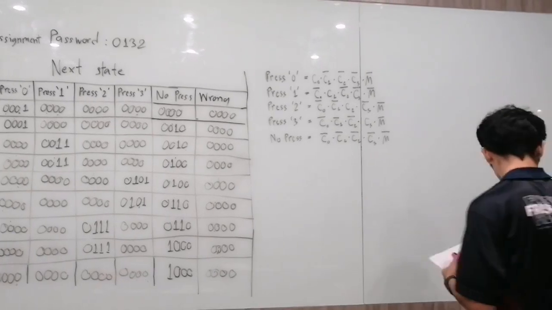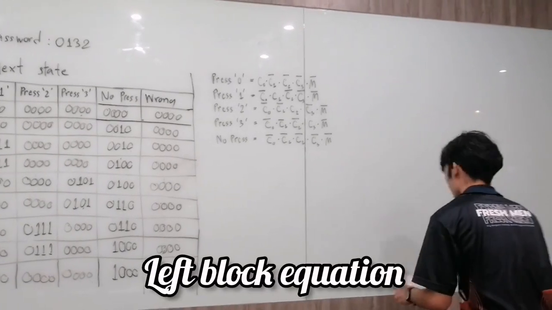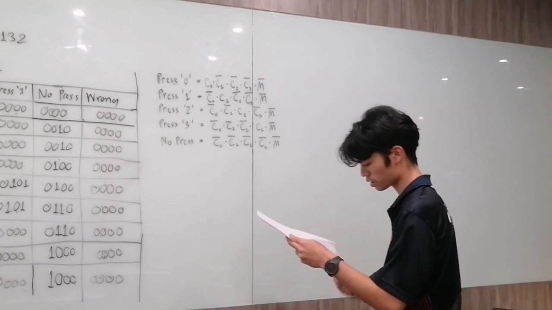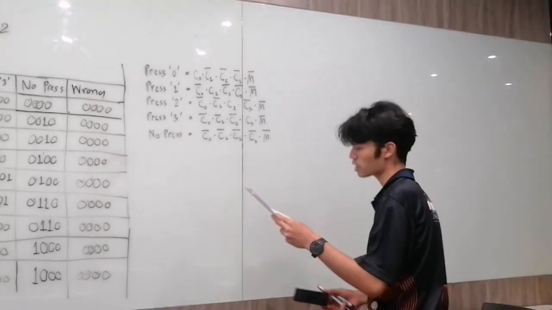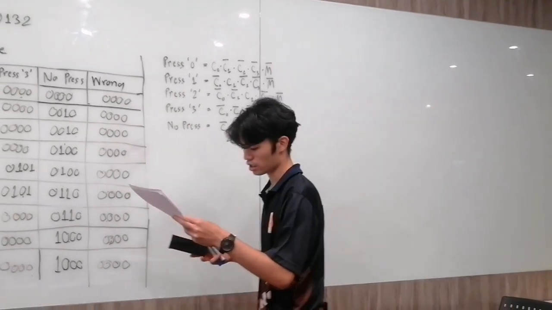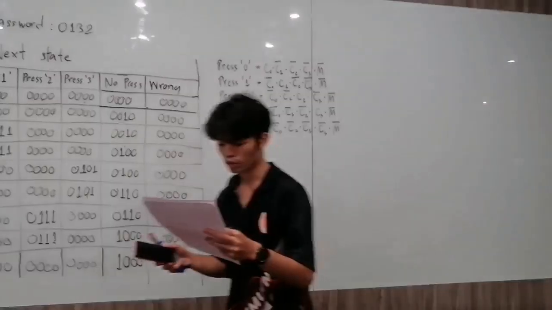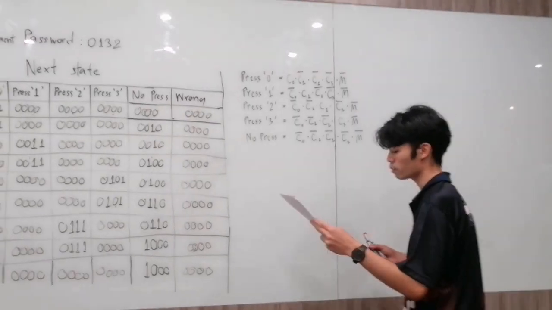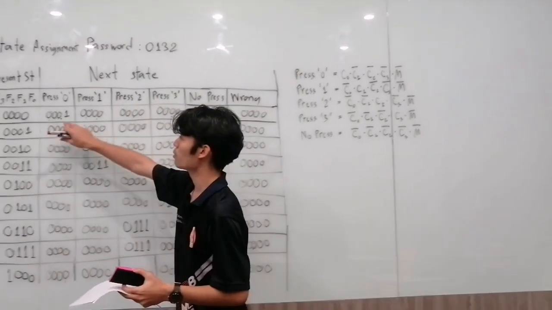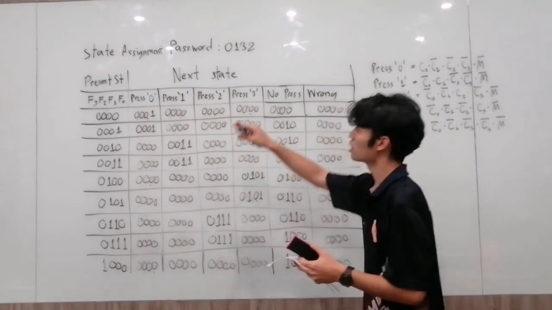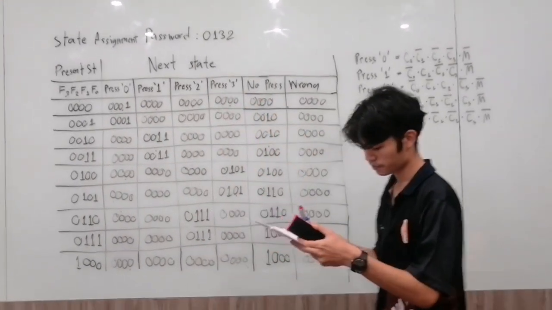Next is the left block equation. Left block equation is to use the min term to design. I will focus on the number one of state assignment.